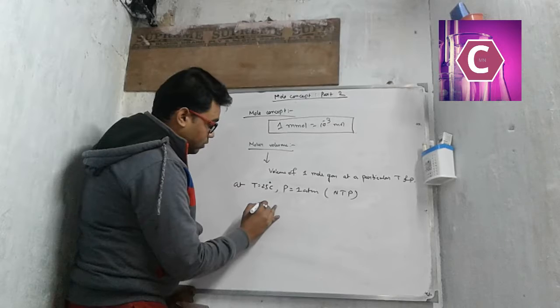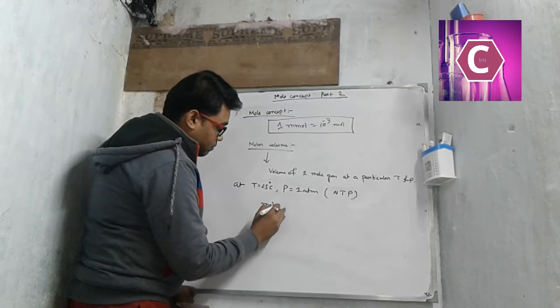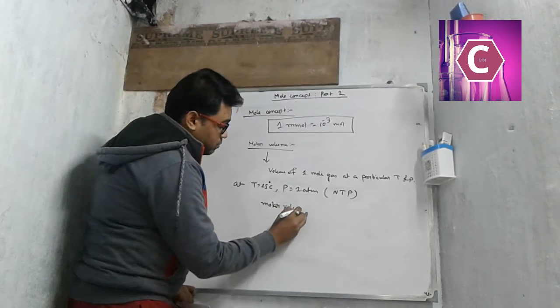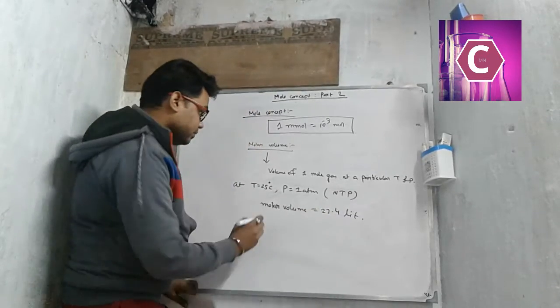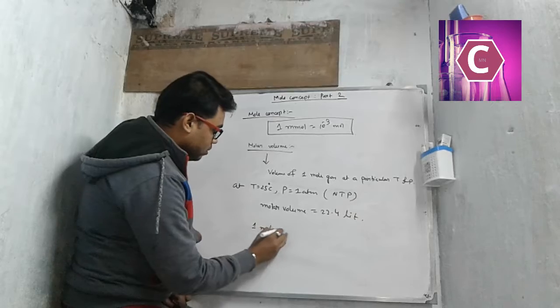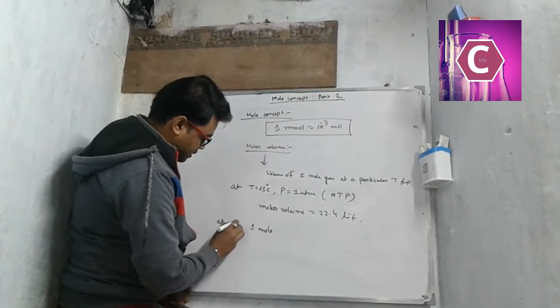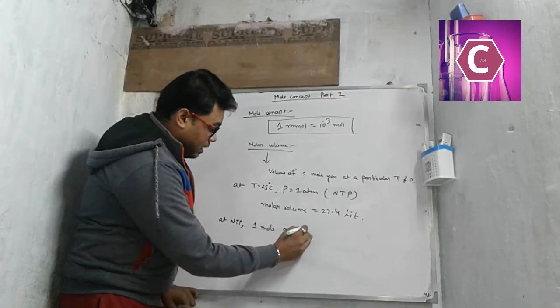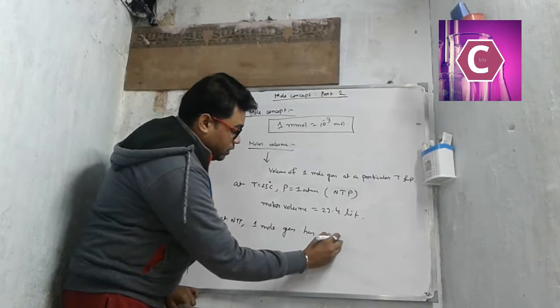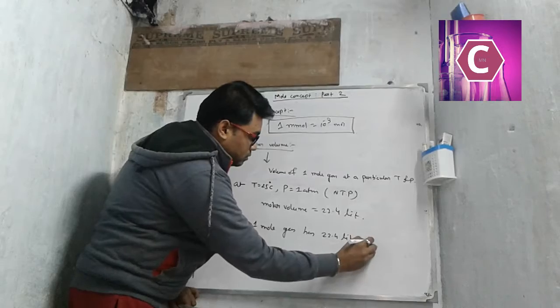Then the value of molar volume becomes equal to 22.4 liter. That means at NTP, 1 mole of gas has 22.4 liter volume.